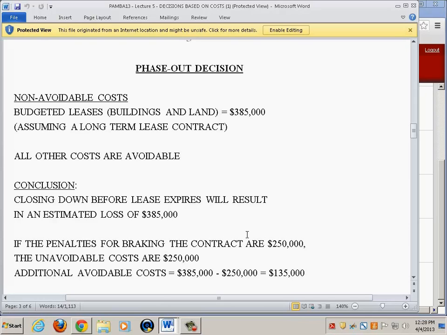So if you close at the beginning of 2013, you cannot avoid paying the leases for the building and the land until those leases expire at the end of 2013. So $385,000 in our example of the costs of leasing the building and the land will be unavoidable.